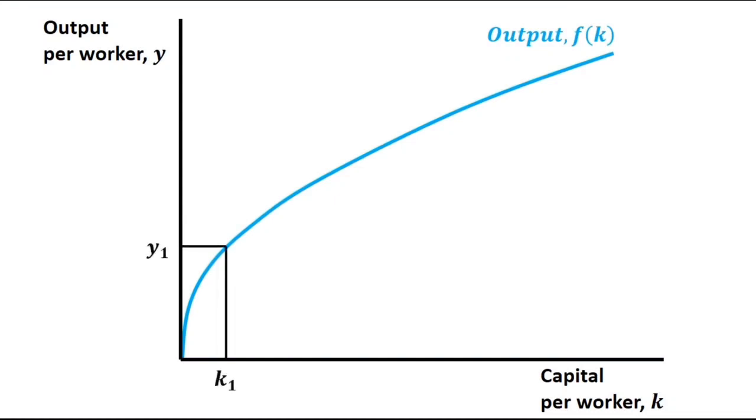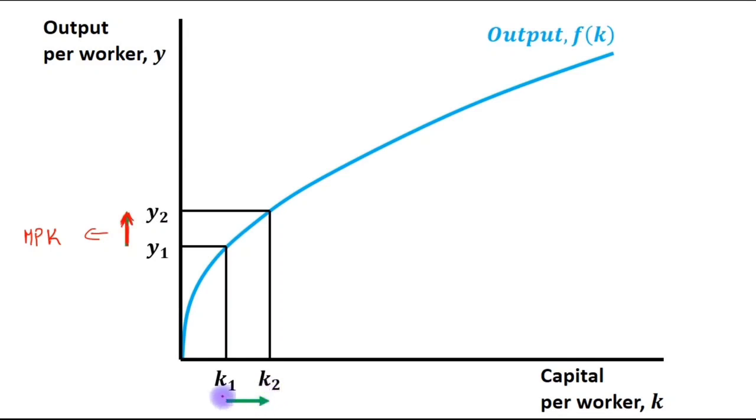Suppose capital per worker is denoted by K1, and the average worker has little capital, so an extra unit of capital will be very useful and produces a lot of additional output. This is our marginal product of capital, the increase in output per worker due to an increase of 1 unit of capital per worker.